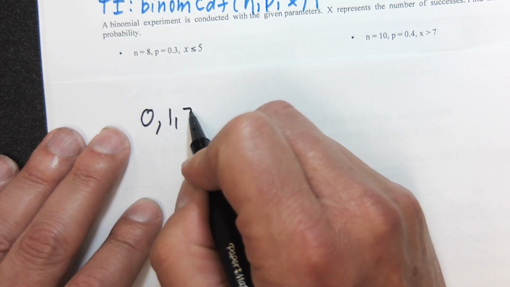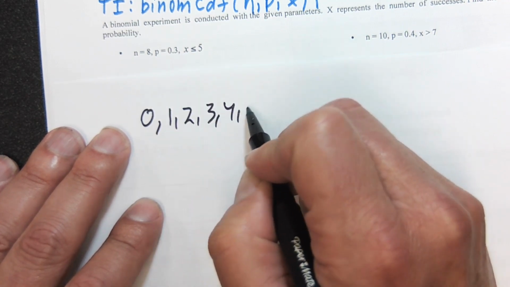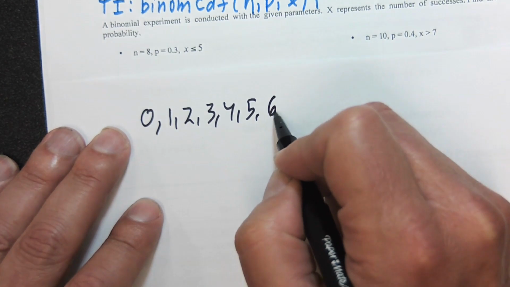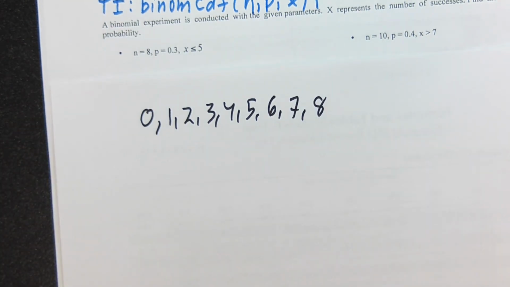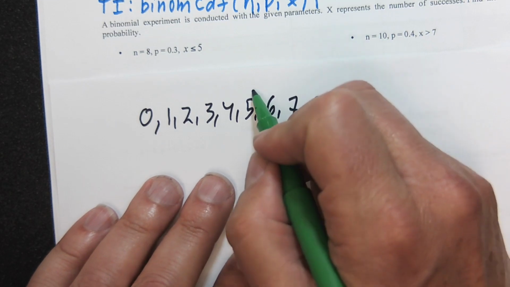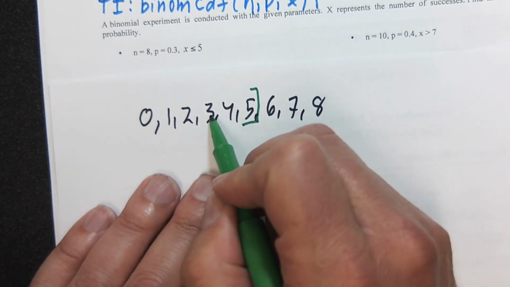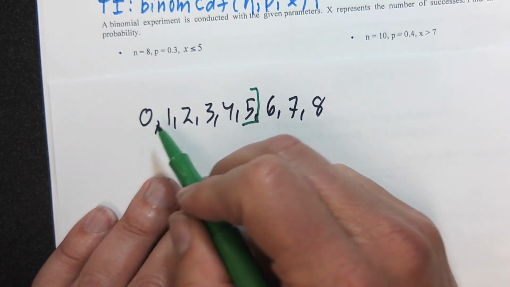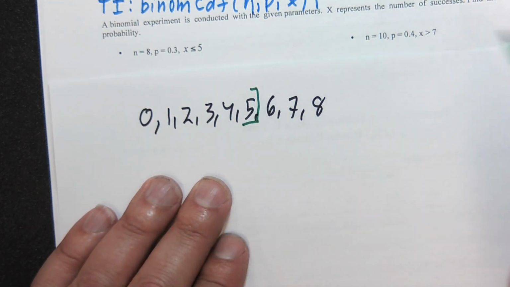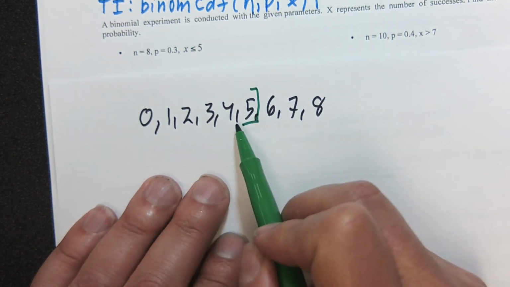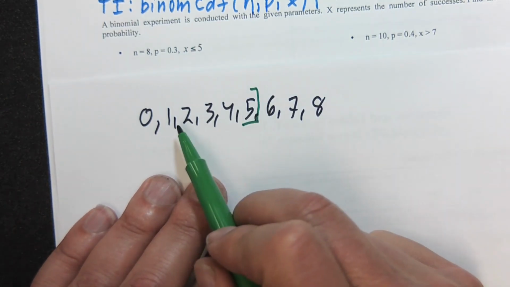There's 1 success, 2 successes, 3 successes, all the way up to 8. And they want to know what the probability is if we have less than 5 or 4 or 3 or 2 or 1 or 0 successes. So we're actually adding each of these independent ones up. That's the CDF. CDF means that we have more than one, we're adding up those probabilities.